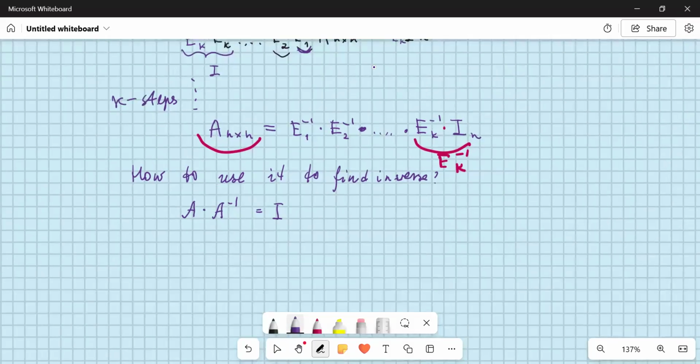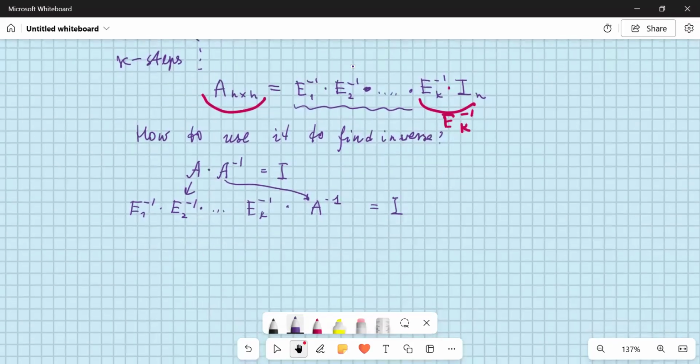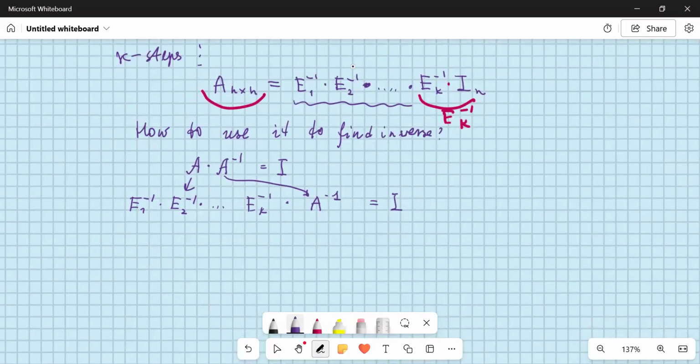Instead of my matrix A, I'm going to use this representation of elementary matrices. So instead of matrix A, I'm going to write E1 inverse, E2 inverse, and so on, and the last one, EK inverse. And now I'm going to copy this inverse, which I don't know, but I know that it exists. So I have a product of a bunch of matrices times the inverse matrix equals identity.